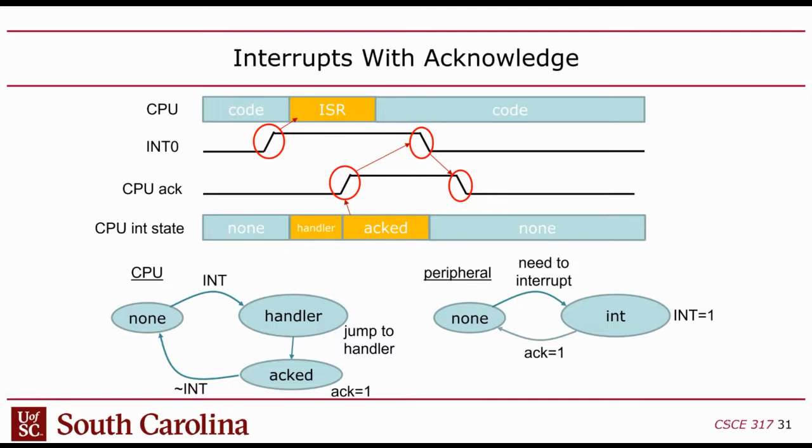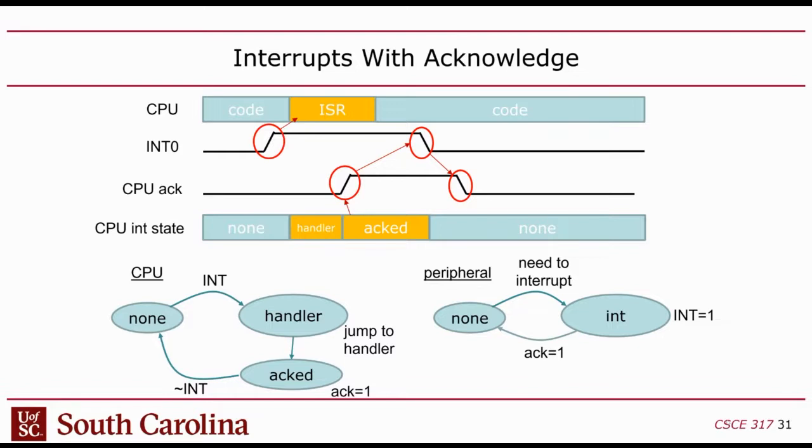Then the peripheral will drop its interrupt request, and then the CPU will drop the acknowledgement. And the nice thing about this is that the CPU will refuse to service a second interrupt until the peripheral drops its interrupt request.